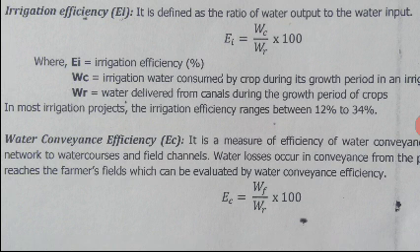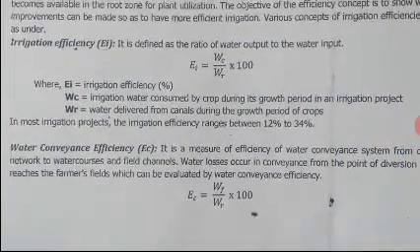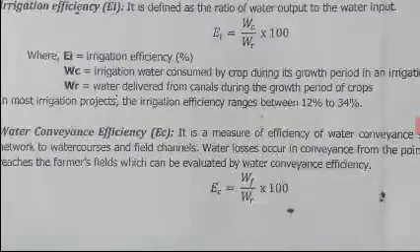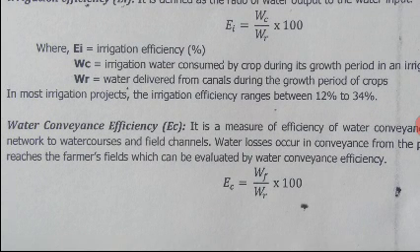WC is irrigation water consumed by crop during its growth period in an irrigation project. WR is water delivered from canals during the growth periods of crops. In most irrigation projects, the irrigation efficiency ranges between 12% to 34%.